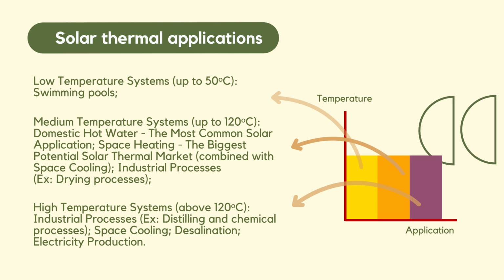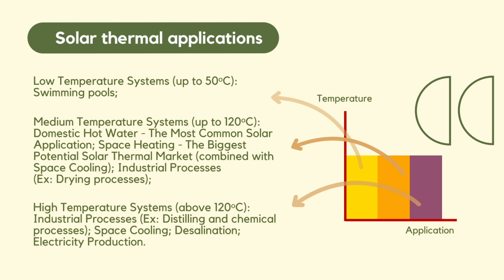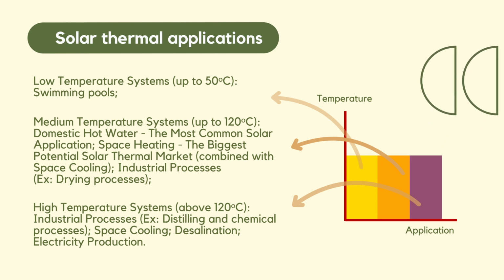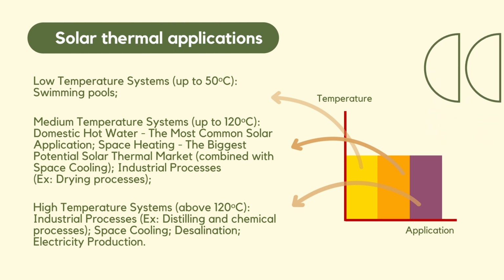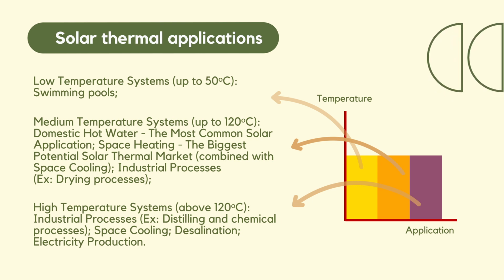And here we are in the range of 80, 100, 120, eventually 150 degrees. And we have high temperature systems for industrial processes, desalination, space cooling, and at a higher level, even electricity production.